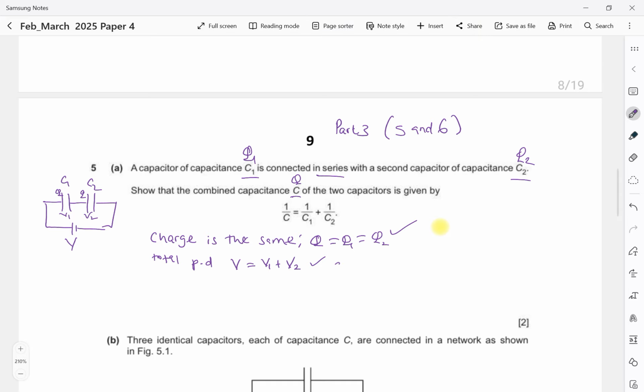And of course, we know that capacitance is related to the PD by the equation V equals charge over capacitance, or capacitance is charge over potential difference.